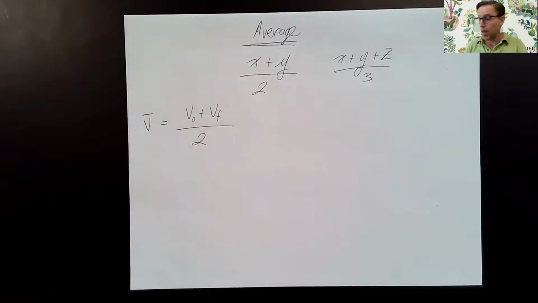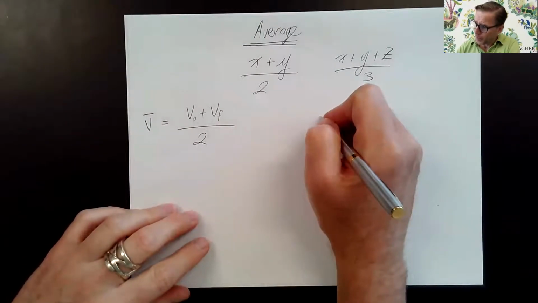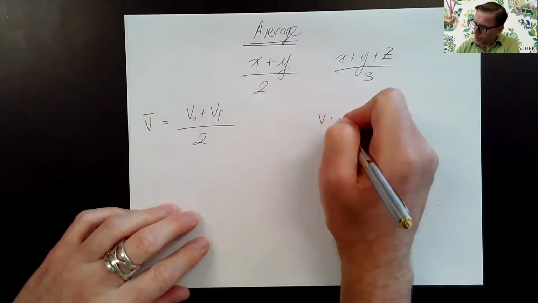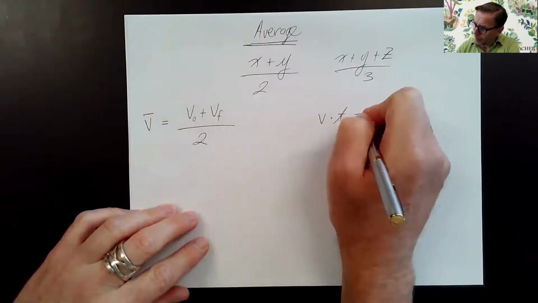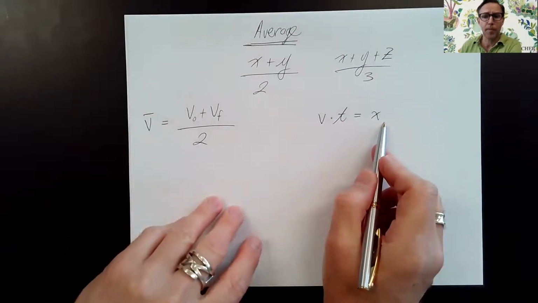So there we go. If I'm traveling at a constant velocity, I can multiply that velocity by time and get distance. This is rate times time equals distance from junior high.